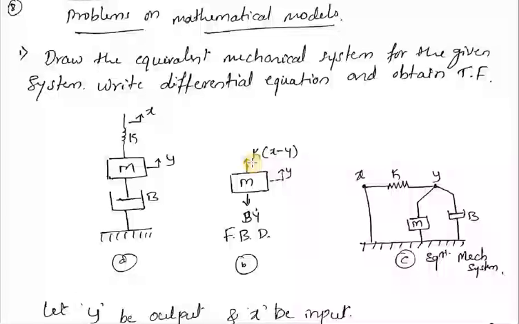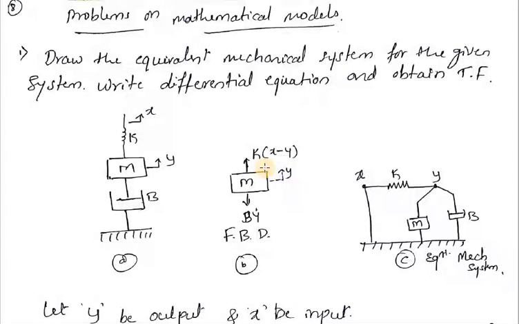Here it is k into (x minus y), because this k is between x and y. Whenever you have a spring between two displacements, you have to write the difference between those two displacements, because this force is directly proportional to the net displacement of the spring. So that is the reason why, here x is the input and y is the output, it will be x minus y.